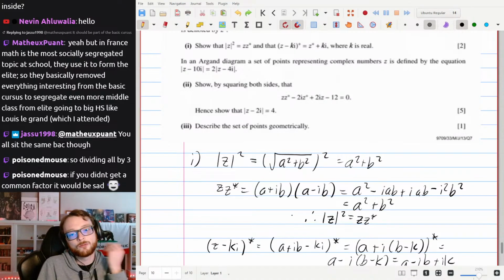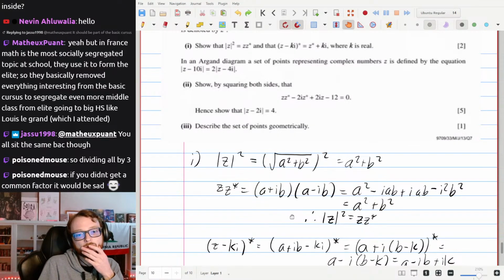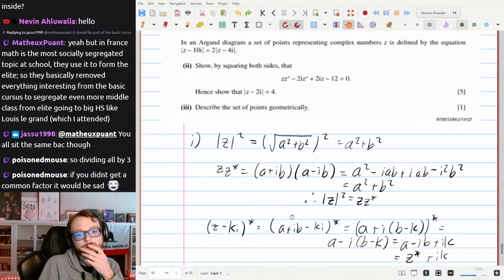Probably have to factor this in some way. Is it a perfect square? Or it's a z times a z conjugate?